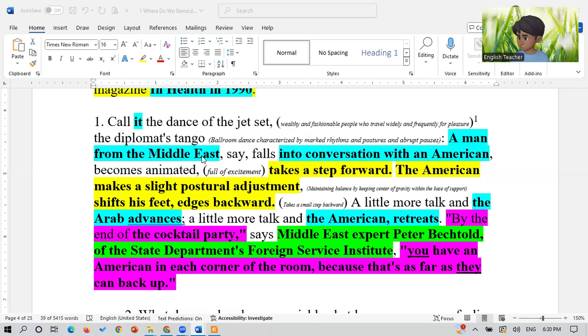Now ask a question. What is the writer trying to achieve by setting a scene? The writer is providing a context for the problem of the essay. What is the problem that this essay discusses?